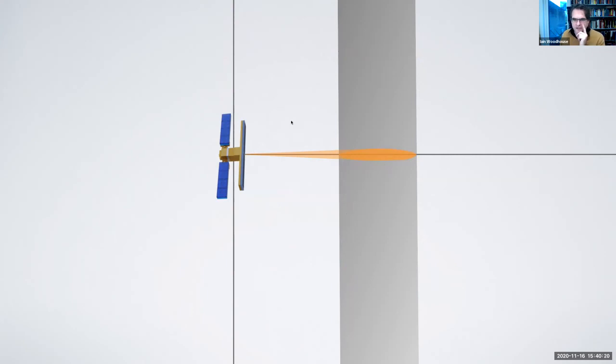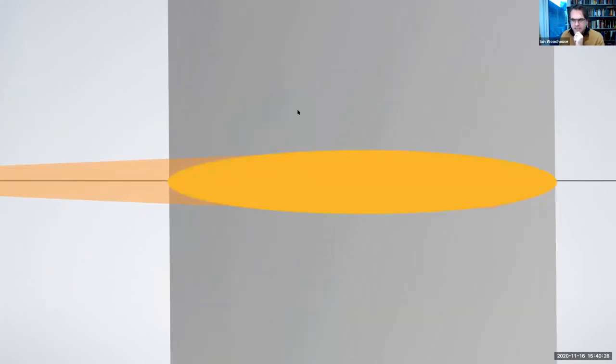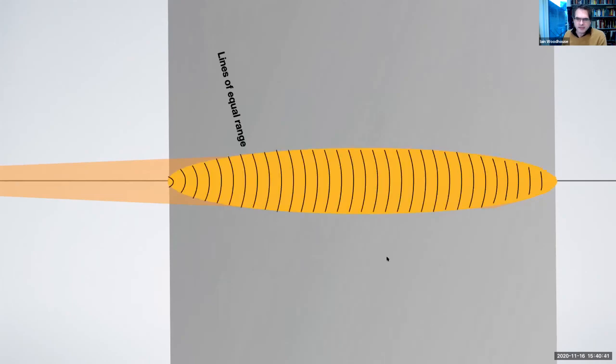So let's zoom in onto that beam and see what's happening in a bit more detail. This footprint of our illumination on the ground: one thing we can do is draw on here the lines of equal range. The distance across the ground is approximately related to the timing of our echo coming back.